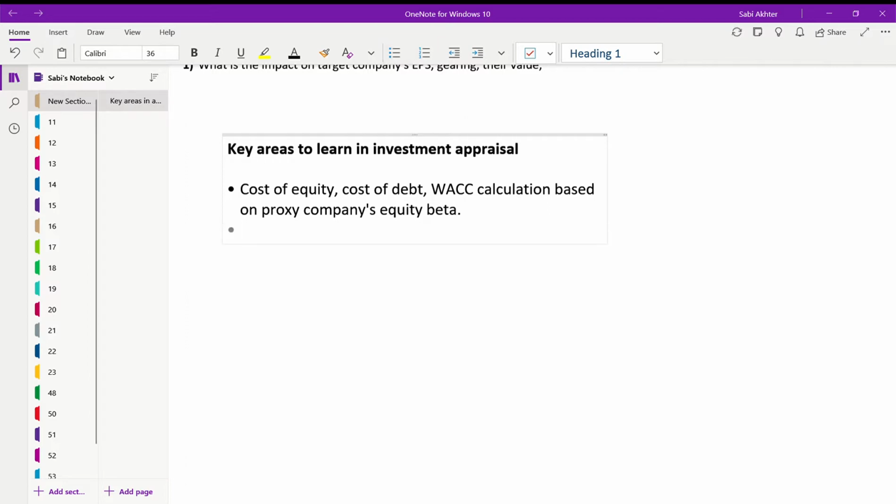So this requires steps. Under this, cost of equity if you have to find out, or cost of debt, or WACC based on proxy companies' equity beta. So adjust, or I would say re-gear, adjust or ungear.